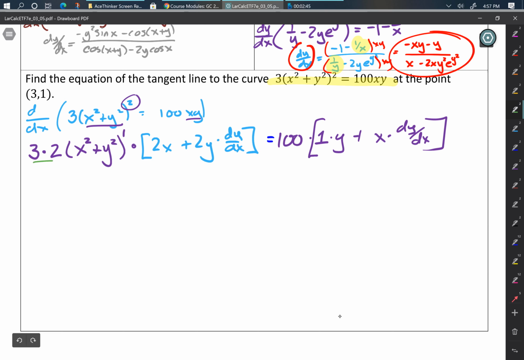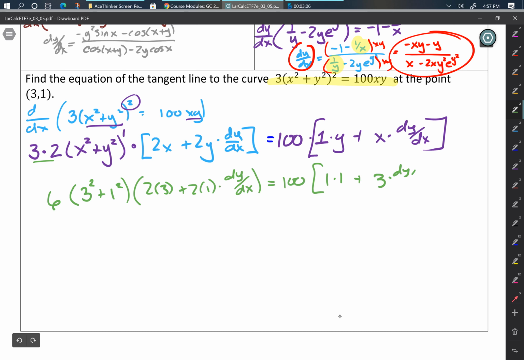Okay. Out here in front, 3 times 2 is 6, times 3 squared plus 1 squared, times 2 times 3 plus 2 times 1 times dy/dx is equal to 100 times 1 times 1 plus 3 times dy/dx. 3 squared is 9.